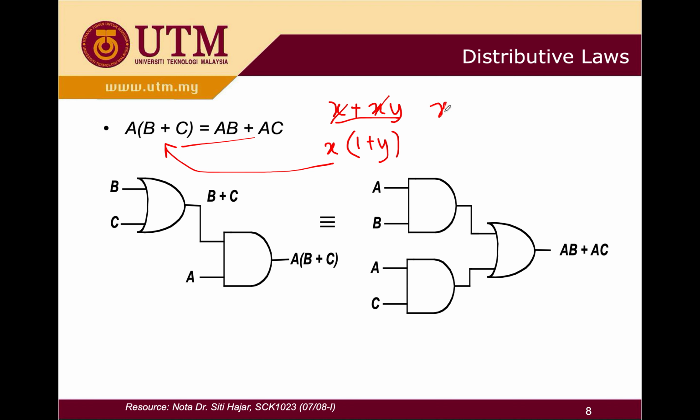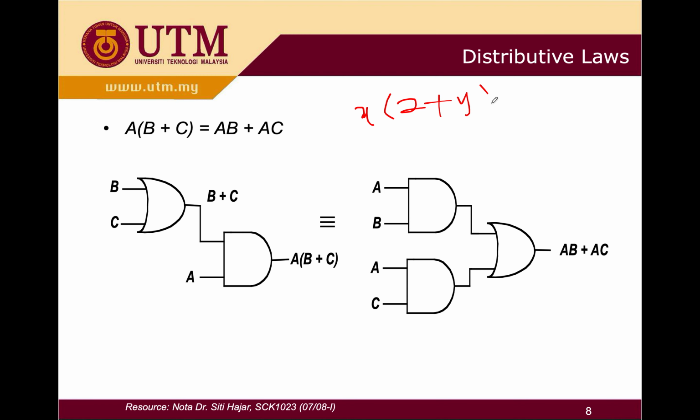It can also happen, if let's say you have 2x plus xy, you are given this equation, then, no, this one is the similar equation. Let's say you are given x and then you have 2 plus y.